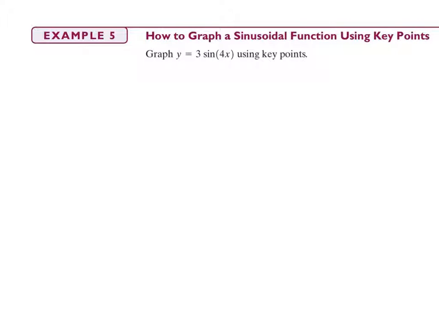Alright, so now we're going to learn how to graph a function using just the key points, without using the original sine function as a reference. We know the amplitude is 3, and the period is 2 pi over 4, which is pi over 2.